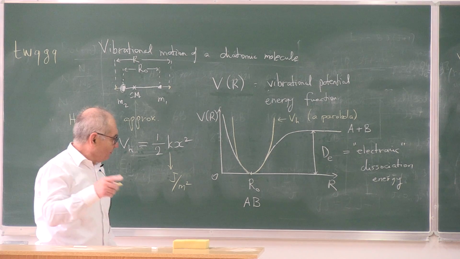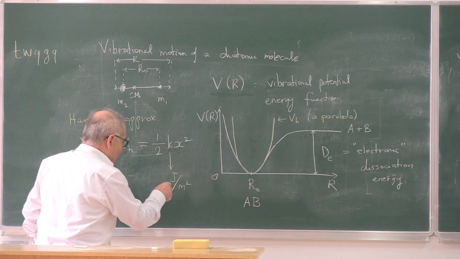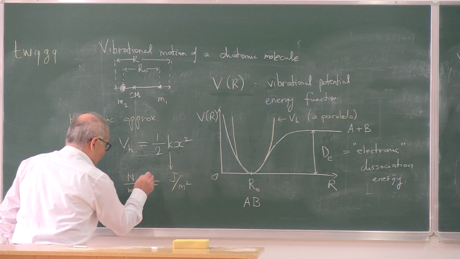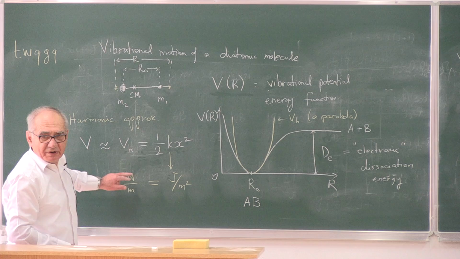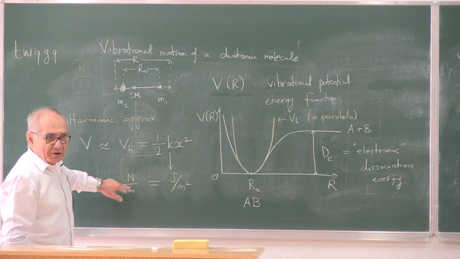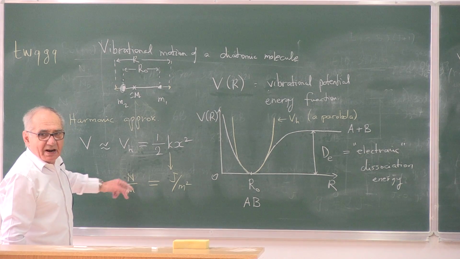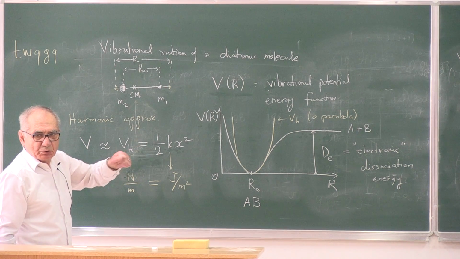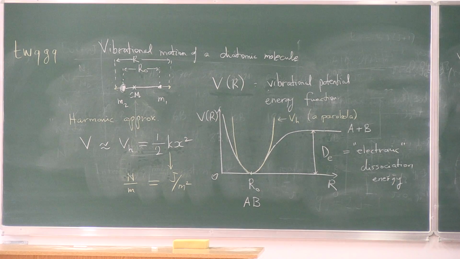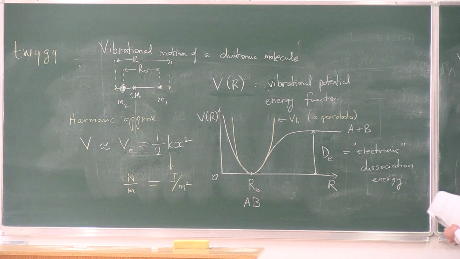But you may also write it as Newton per meter, force unit. These are equivalent. Newton per meter is the same thing as joule per meter square.